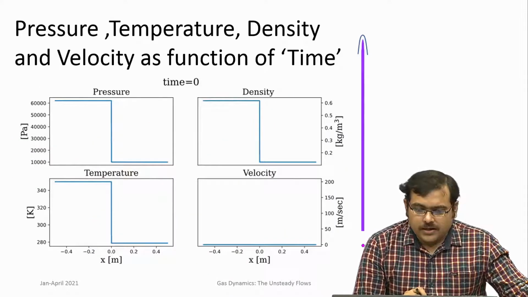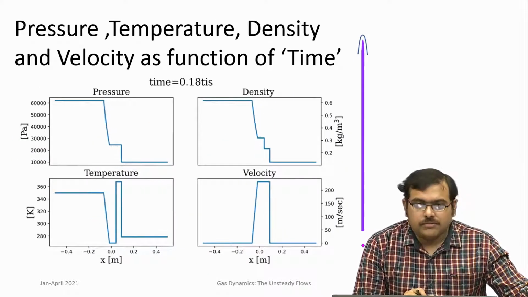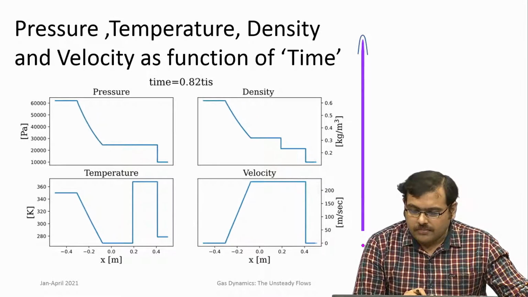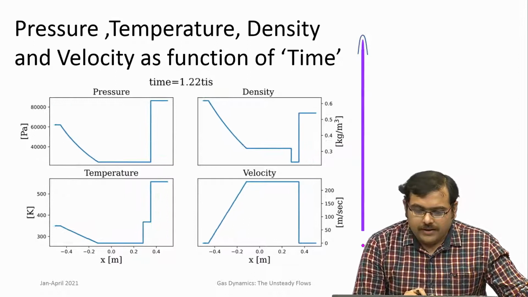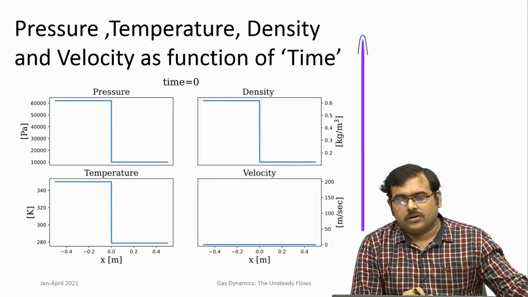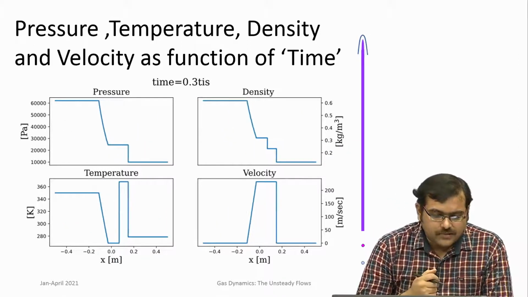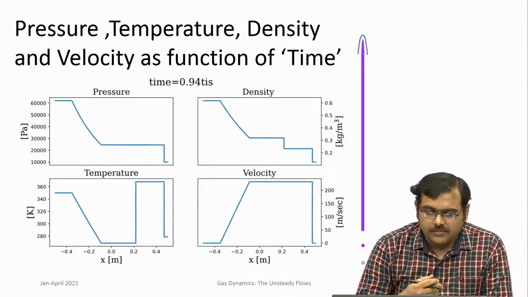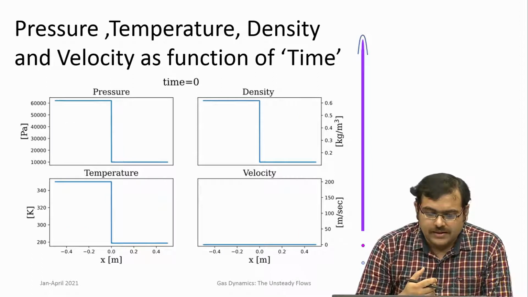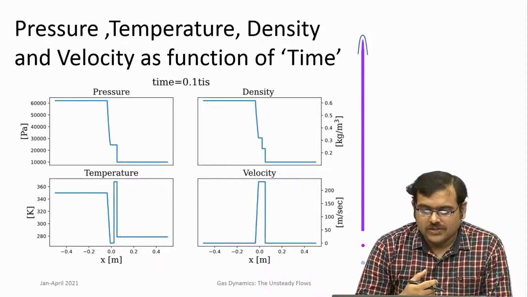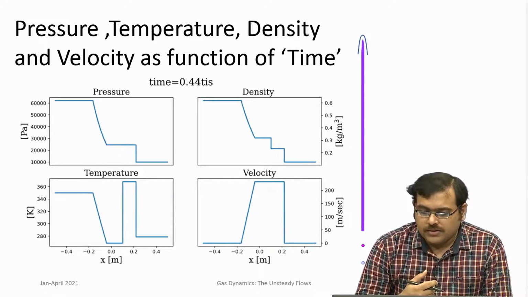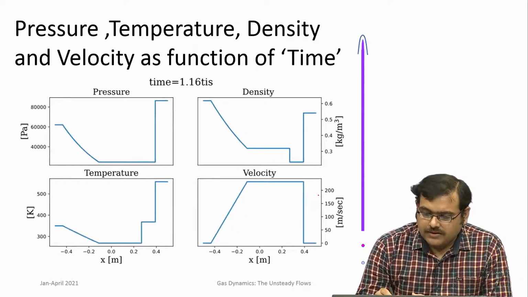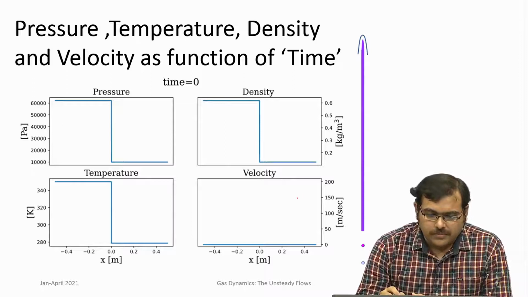So let us look at how all the parameters change during the shock. I will pause here for a while and look at the analytical solutions, the exact solutions that we have, and as the shock propagates, how these variables pressure, density, temperature and velocity change. Of course this includes a small portion where there is a reflection of the shock also.